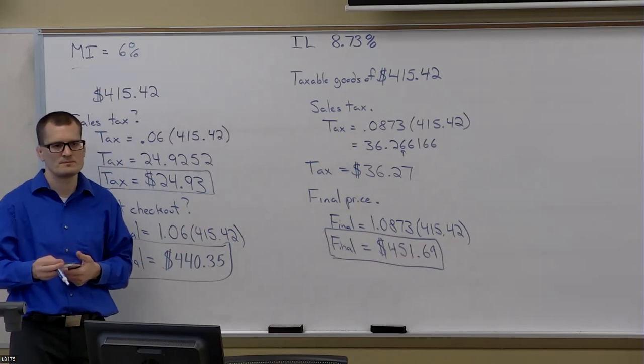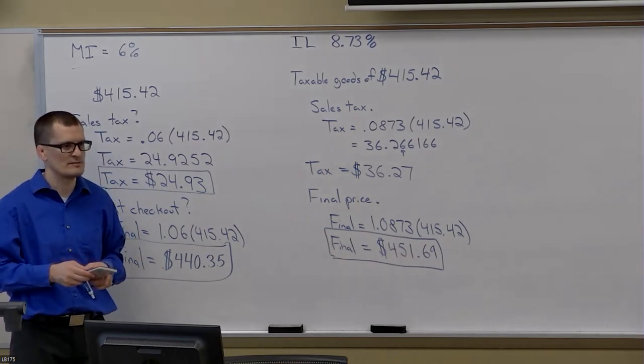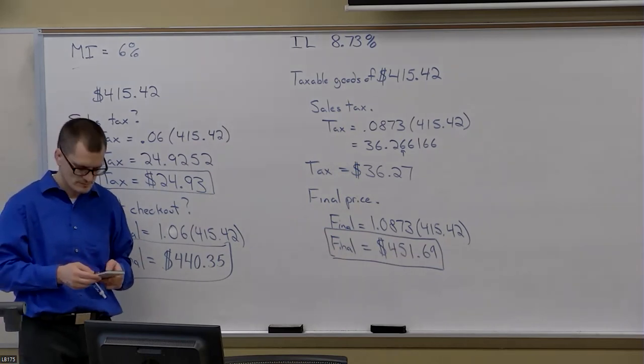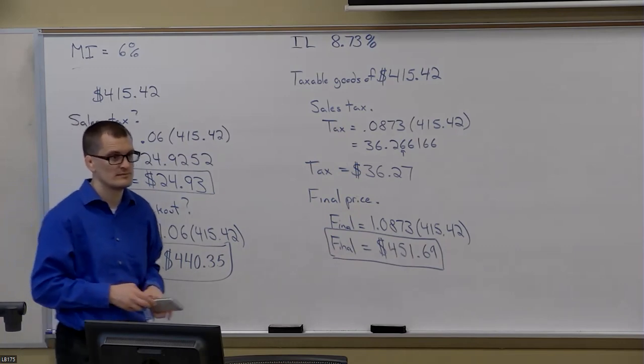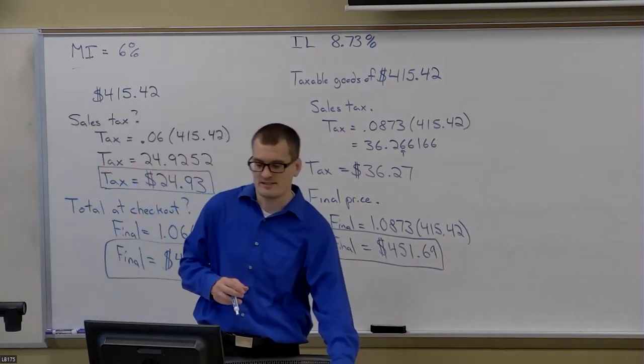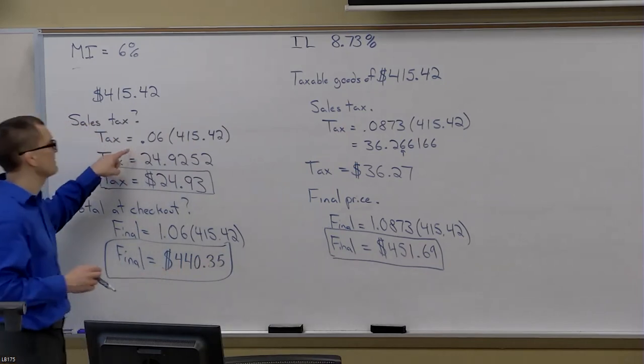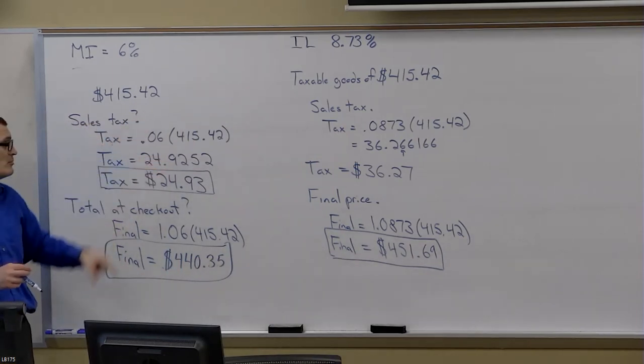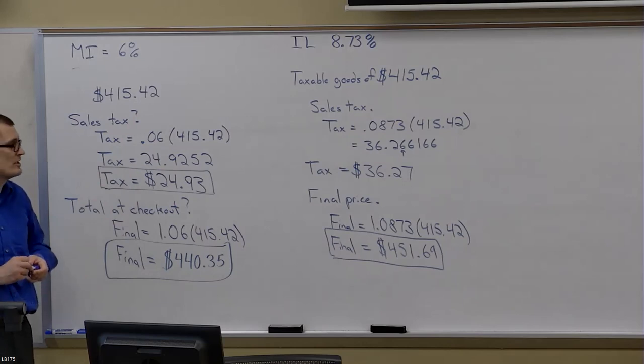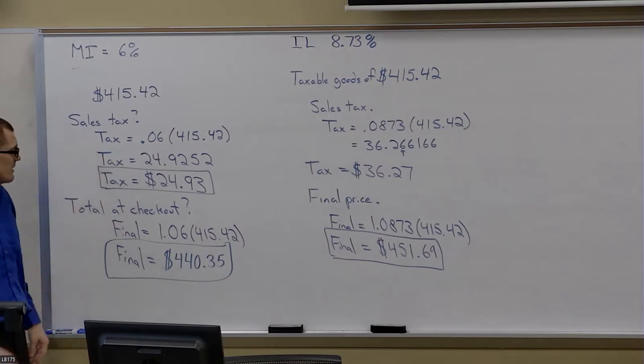Okay. Pretty straightforward so far. So we got tax prices. We're going to just write 0.06 or whatever the tax rate is times the amount of taxable goods gives us the tax.